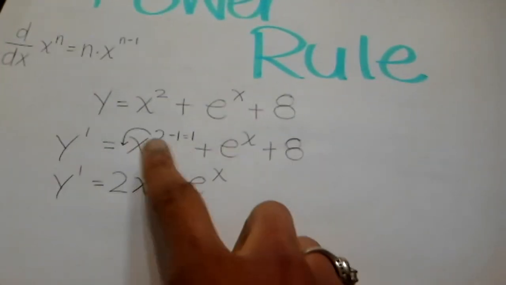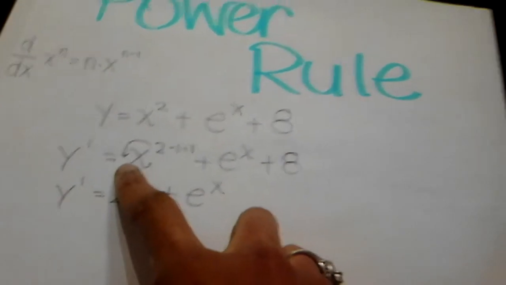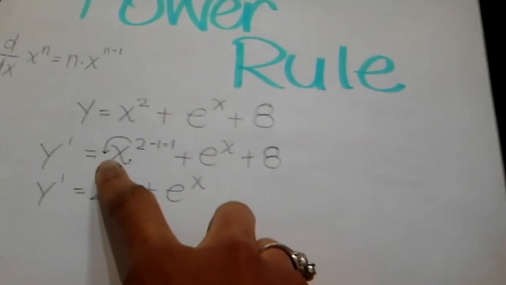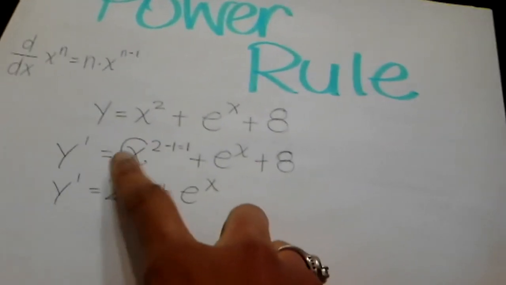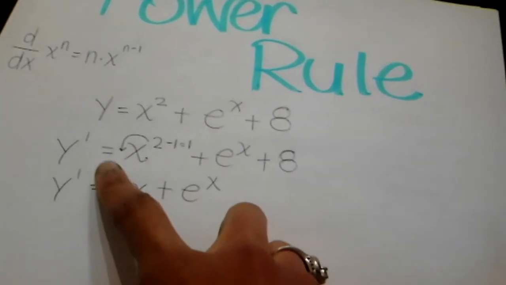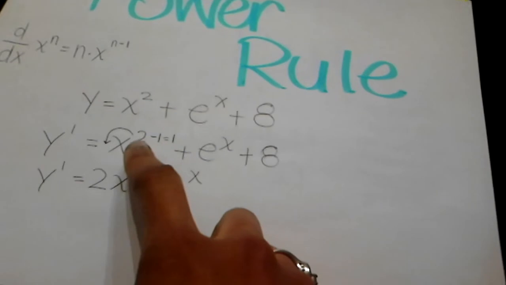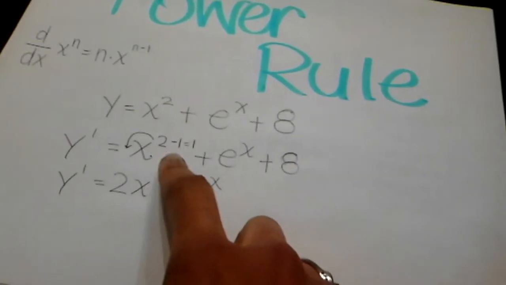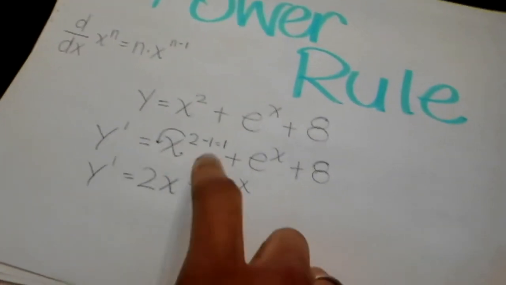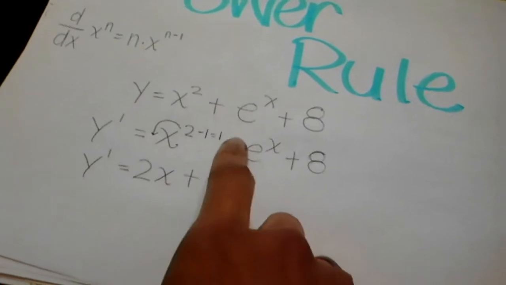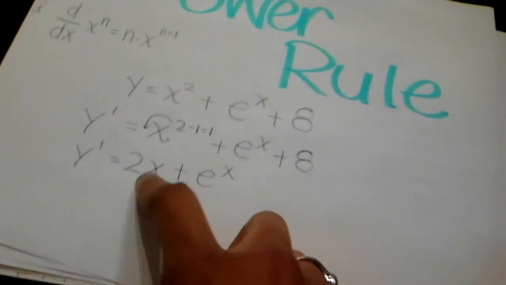Now you're going to multiply the exponent by the invisible 1 next to the x. So it'll be 2 times 1, which will give you 2x. Then you would subtract 1 from the exponent because you put it on the prime. So 2 minus 1 equals 1. You do not have to bring down the 1 of the exponent because it's x.